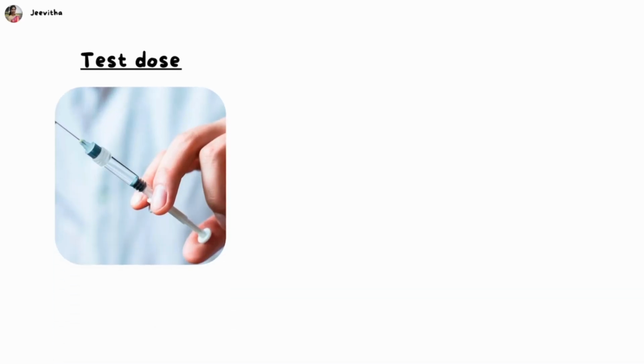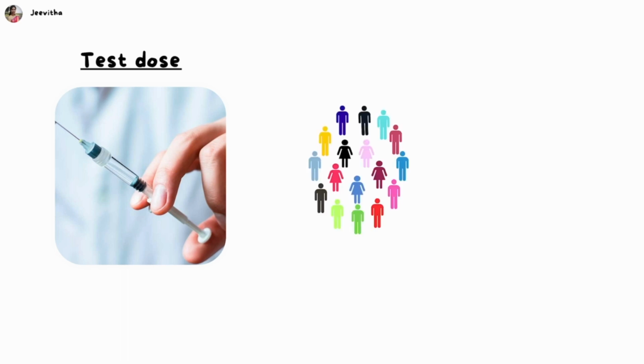When medical industries introduce a medicine or test dose, it can't be injected into all the people in India because it's not possible. We can't test any drug on the entire population. That would be foolish. So they target a few people, selecting a few who are healthy.